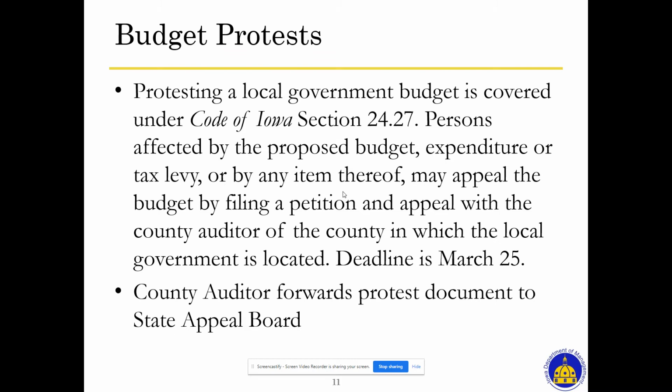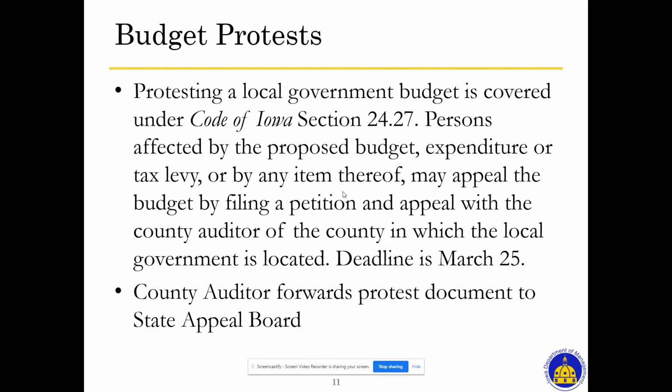It is covered under Code of Iowa Section 24.27. Persons affected by the proposed levy, the budget, expenditure, etc., or by any item within the budget can appeal the budget by filing a petition and appeal with a county auditor. So they gather signatures and then they file that with the county auditor of the county that they're located in. And the deadline for that budget protest is March 25th.